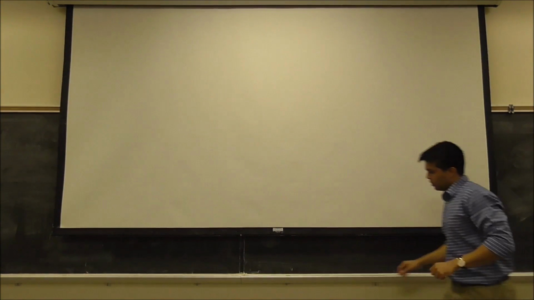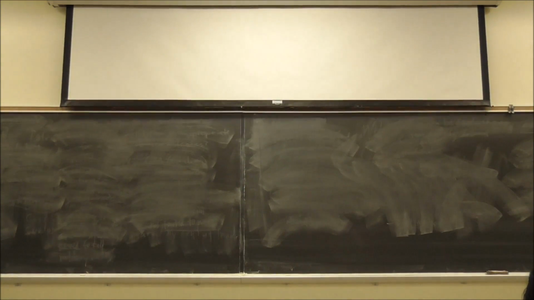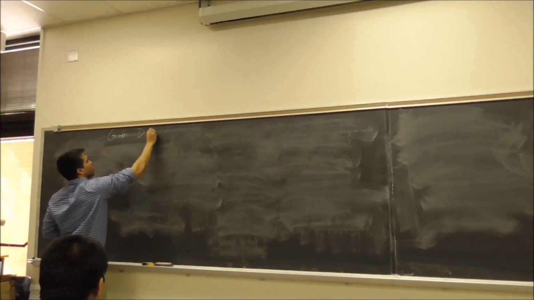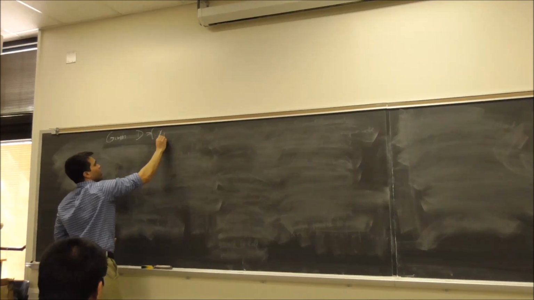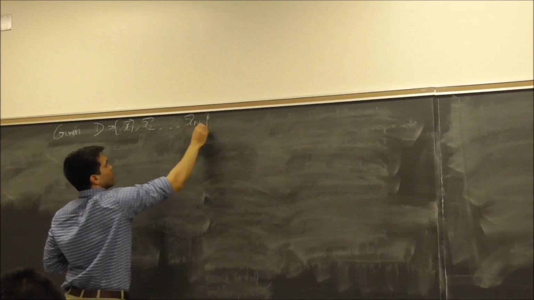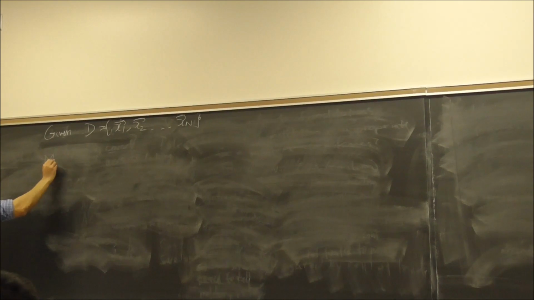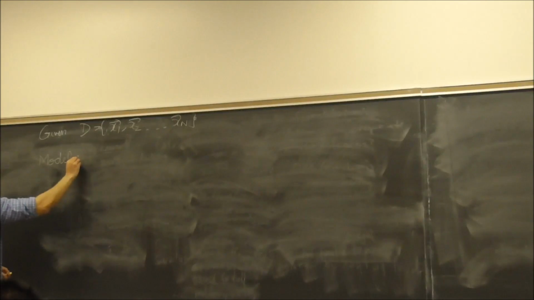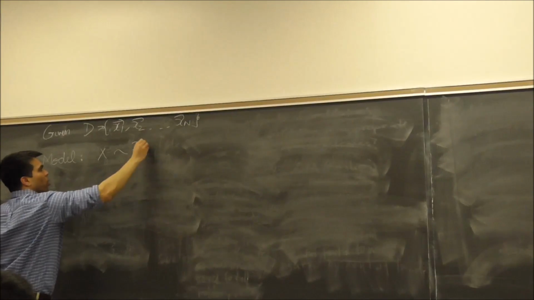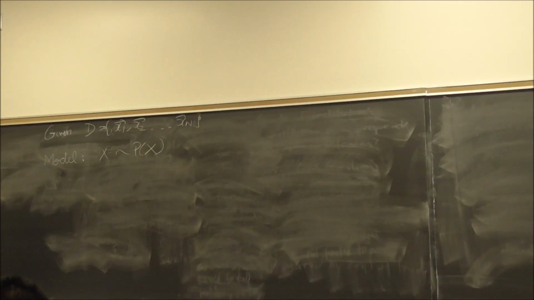Let's actually write this down formally on the board so we can keep track. We're given a data set x1, x2, all the way till xn. The model that we have chosen is this: we want to model this data with a probability density function.